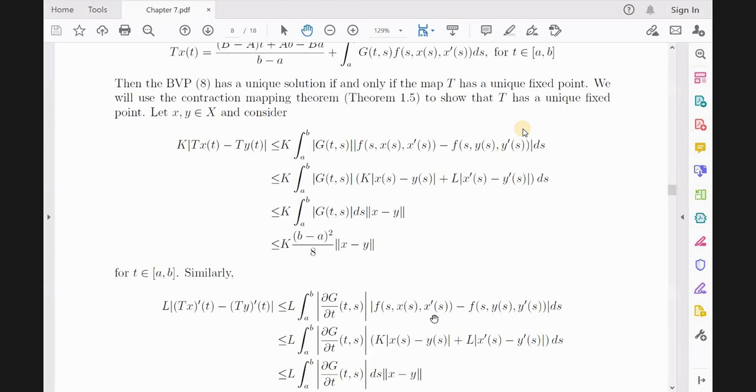Now you can see f satisfies the Lipschitz condition, so this is less or equal to K into |x(s) minus y(s)| plus L into |x'(s) minus y'(s)| ds.